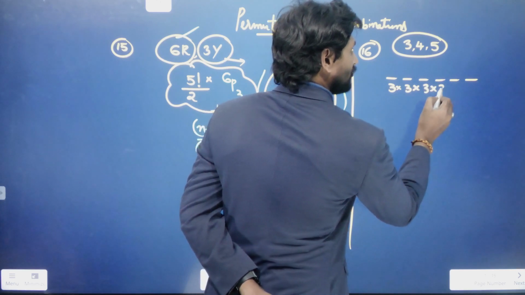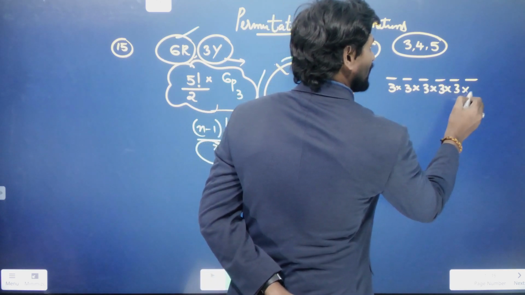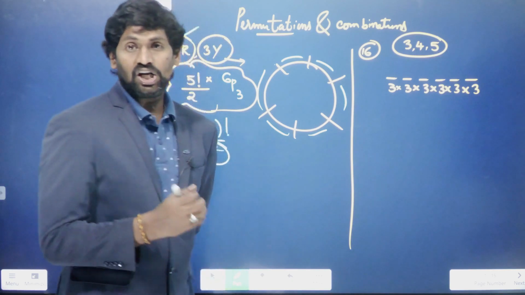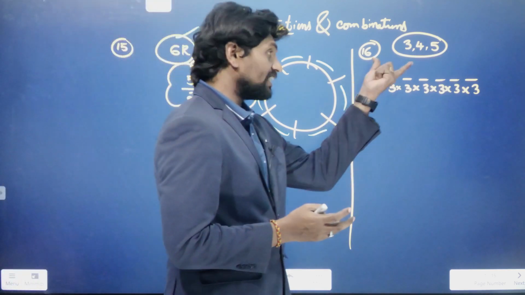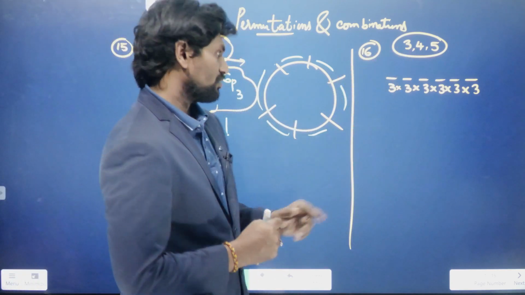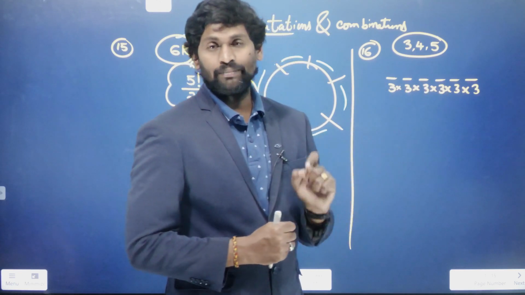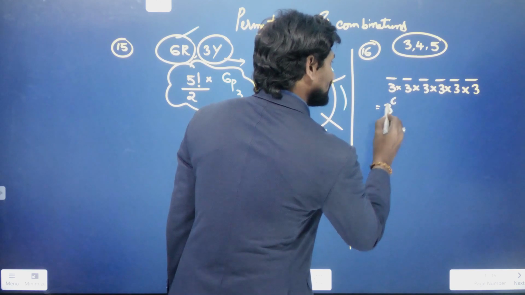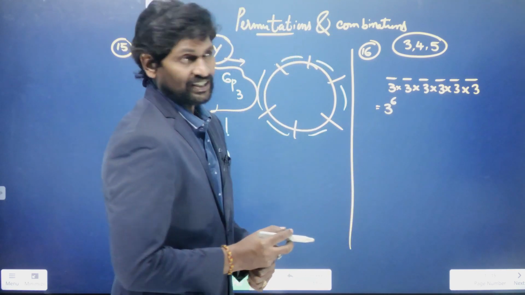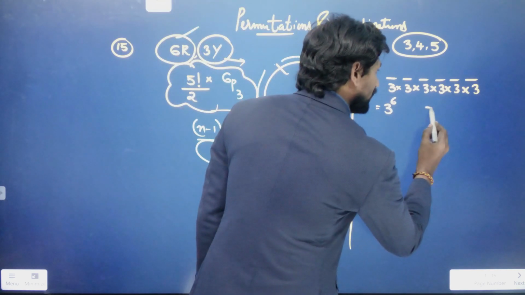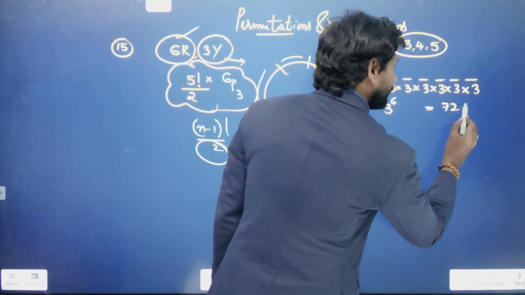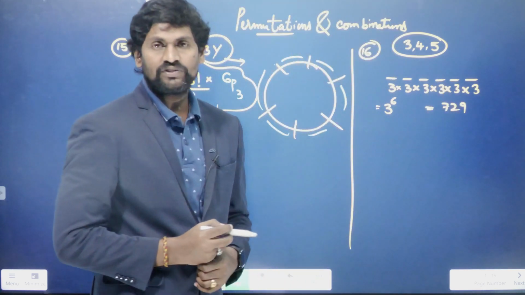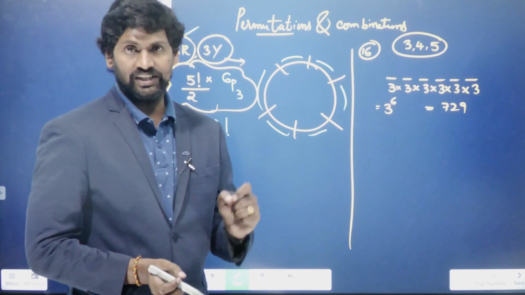Third place, fourth place, fifth place and sixth place, all are possibilities because we can take repetition here. So 3 into 3, like that 6 times, nothing but 3 power 6. What is the value of 3 power 6? 3 power 6 value is 729.